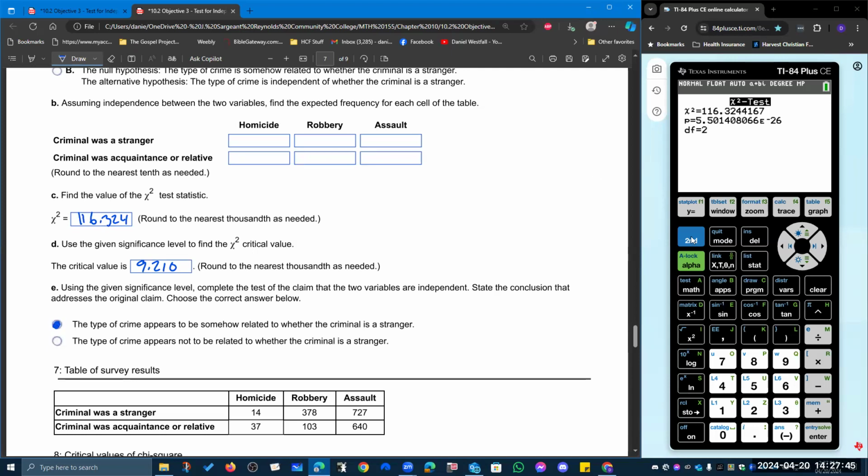Let's go ahead and look at matrix B now. And we're going to round these to the nearest tenth.